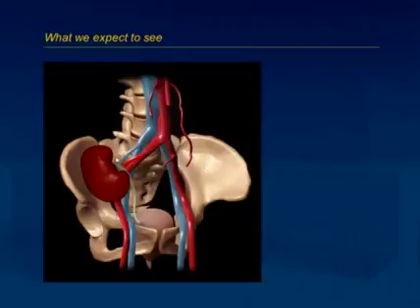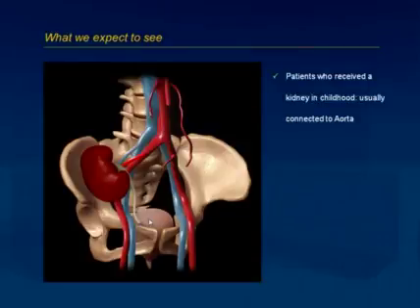And then we have the transplant ureter that is connected to the recipient's bladder, as shown in this cartoon. It's worthwhile to know if the patient has had his or her transplant in childhood. In that case, we can expect the transplant artery to be connected directly to the aorta, and the transplant vein probably connected to the inferior vena cava.